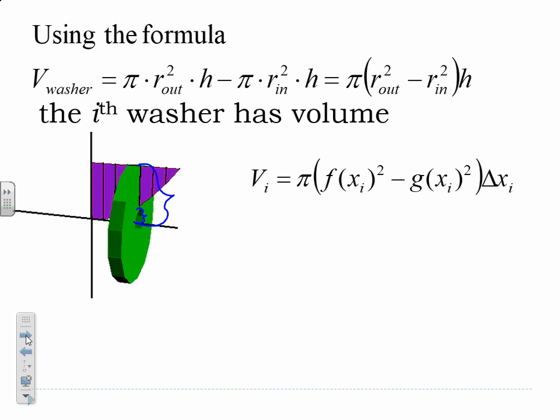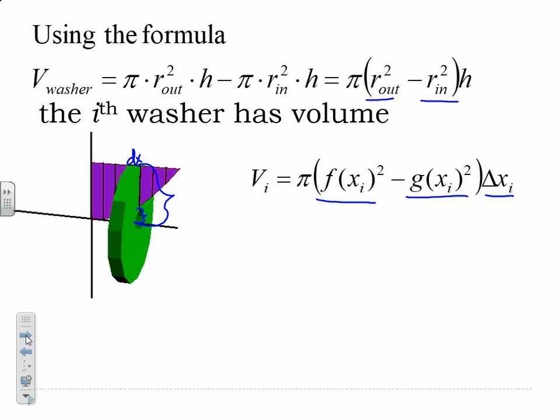So what's going to happen is our radii become our two functions, our top function squared minus our bottom function squared. And then when we think about these rectangles being infinitely thin, remember how I had you draw those rectangles? Their thickness is dx, okay? Well, the thickness, that's the height of all of those cylinders, right? So delta x becomes our height.